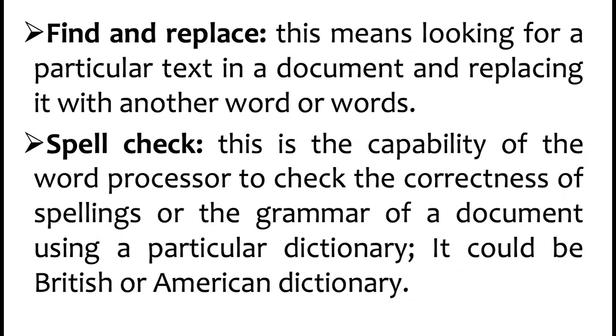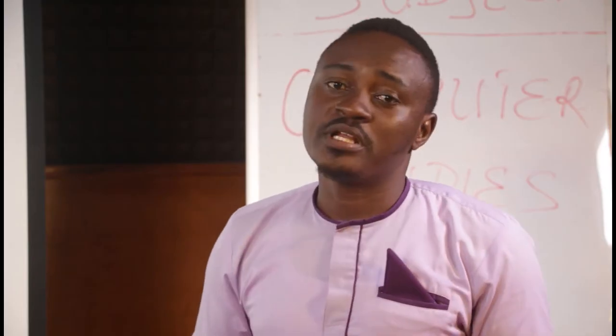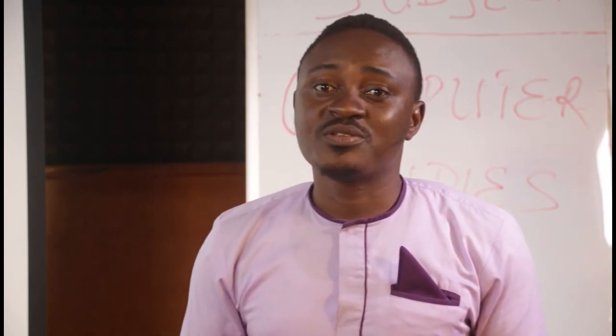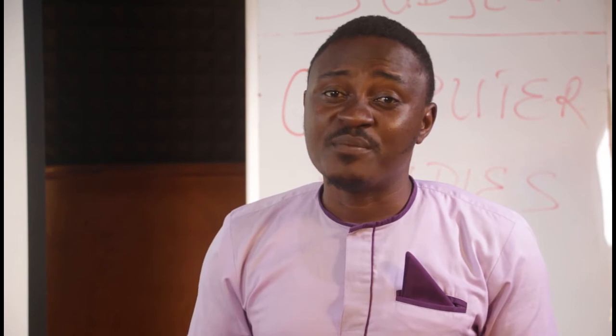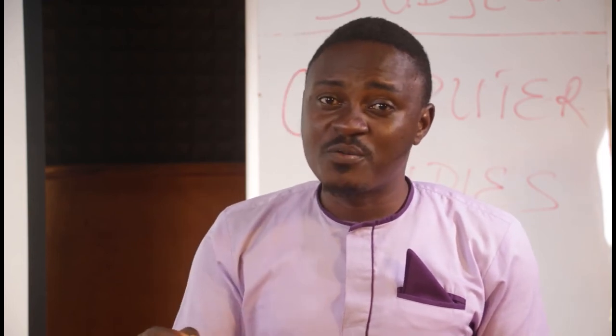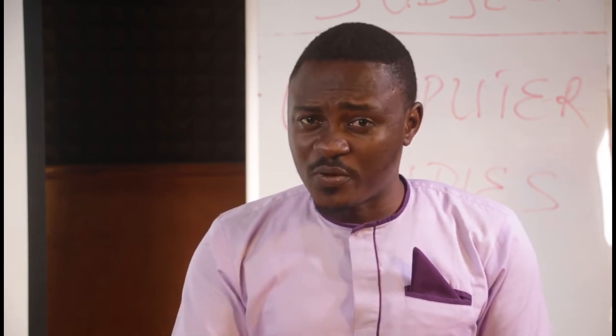Then we also have the feature of find and replace. Find and replace means looking for a particular text in a document and replacing it with another word. In most cases, it has to do with spellings. When you're writing something, the computer has an ability to trace some missing words and inform the user, this is supposed to come before this, and it helps you to see some of your errors.